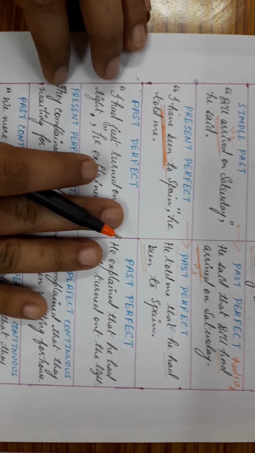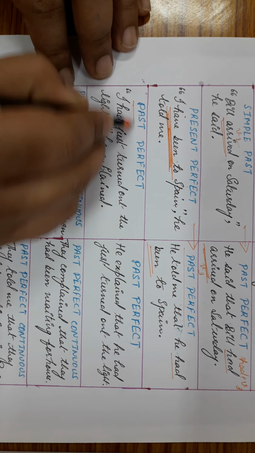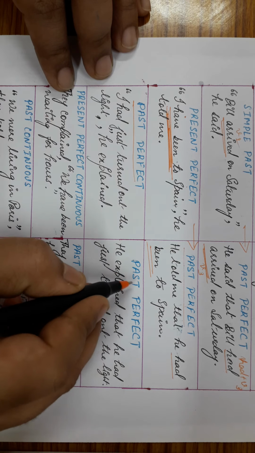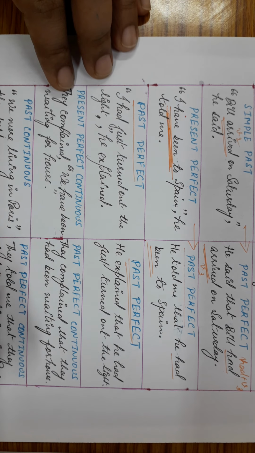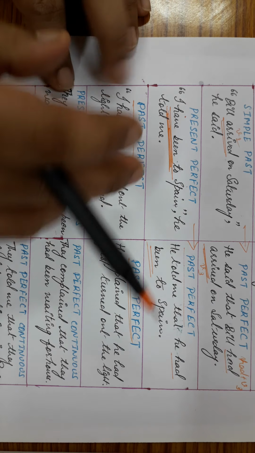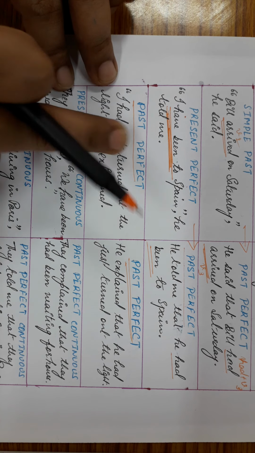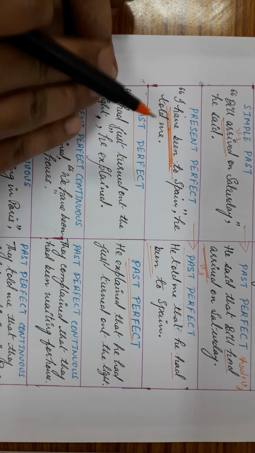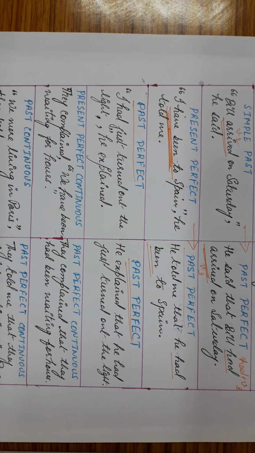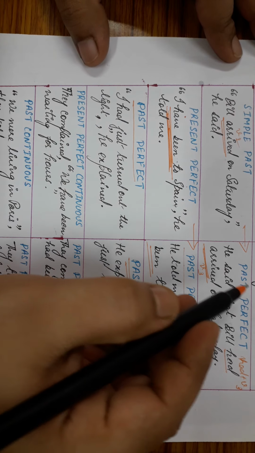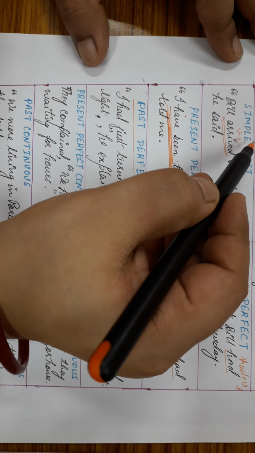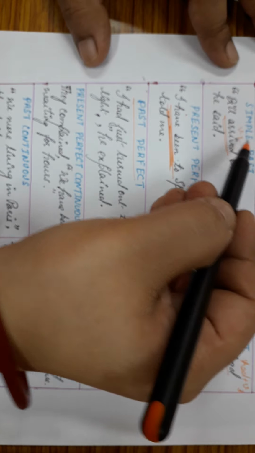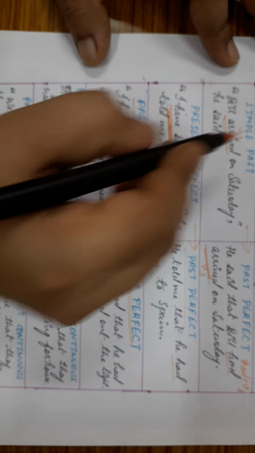Okay. Now if the direct speech is in past perfect, again that changes into past perfect. Or you can say, if the direct speech is in past perfect, there is no change when we convert the direct speech into indirect speech. That is, past perfect remains past perfect. So which tenses in direct speech convert into past perfect?